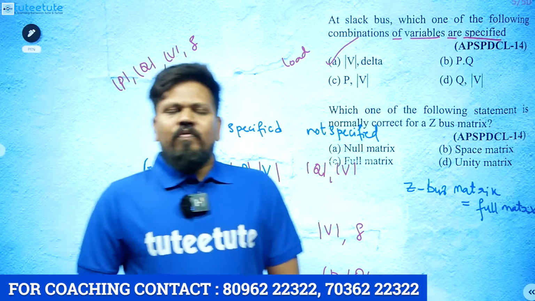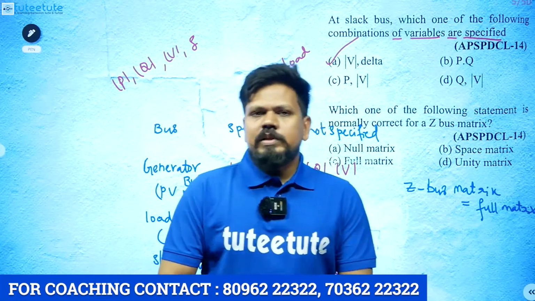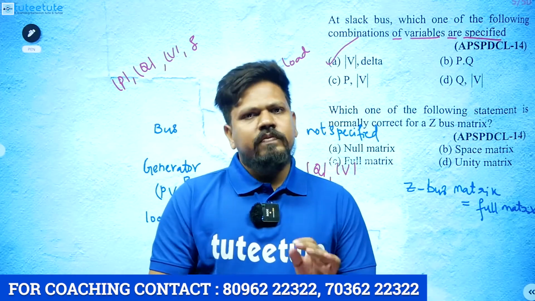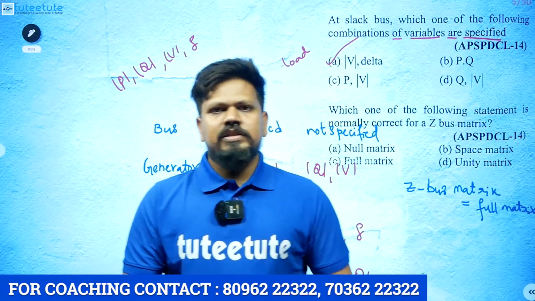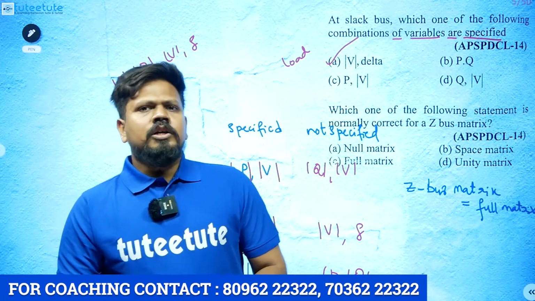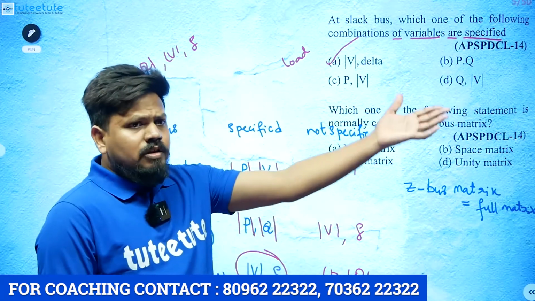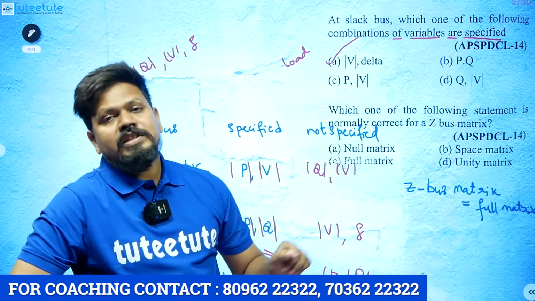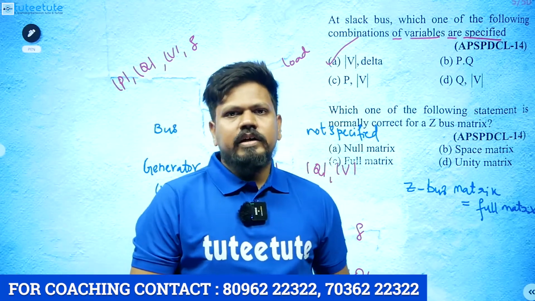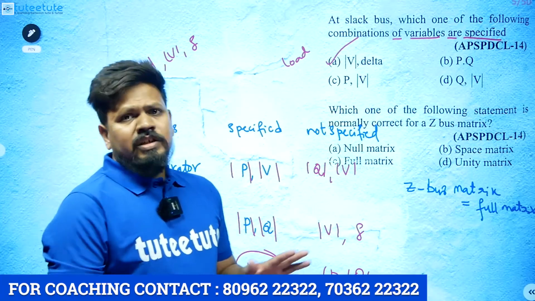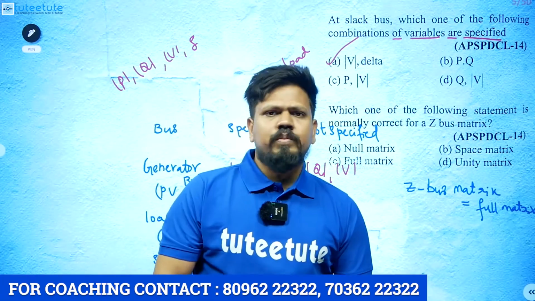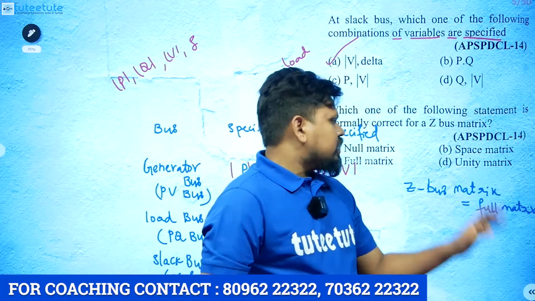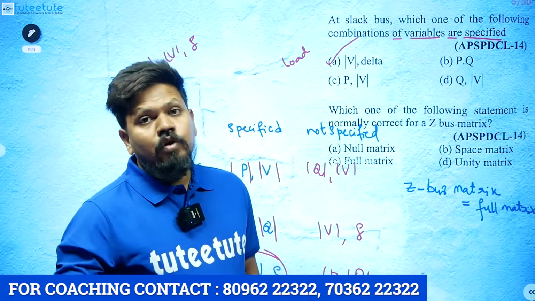For every transmission line there will be some impedance between two buses. From this bus to the 100th bus there may be no direct transmission line, but there will still be some impedance. So no zeros, or very few zeros, will be present in the Z bus matrix. That's why it is a full matrix.